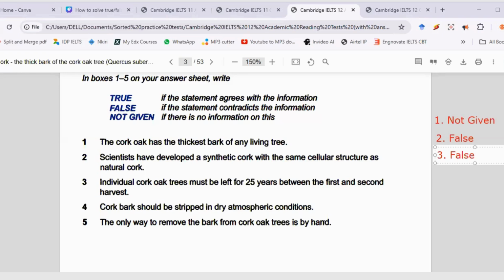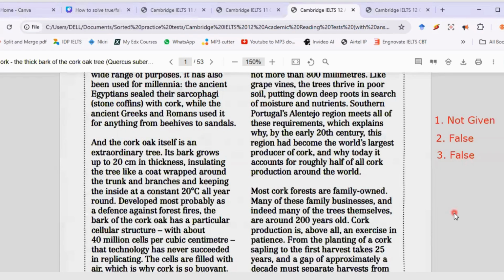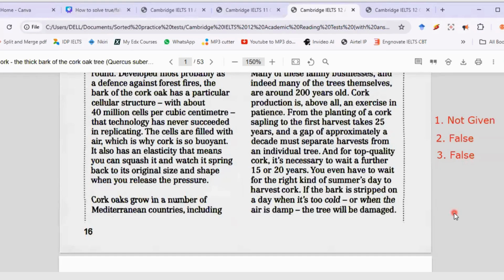Number 4: cork bark should be stripped in dry atmospheric condition. Let's go and check. Stripped is the keyword for me there, and then dry atmospheric condition. I can see stripped there. If the bark is stripped on a day when it is too cold or when the hair is damp, hold on, let's go back. You even have to wait for the right kind of summer day.